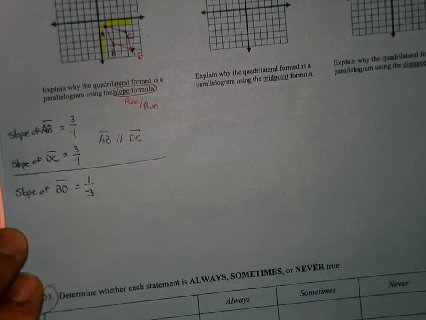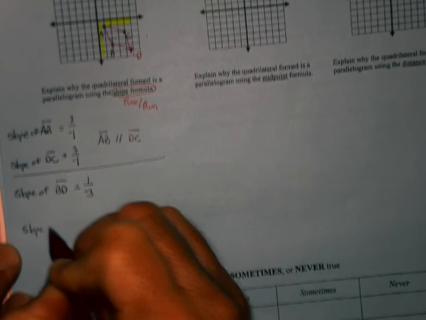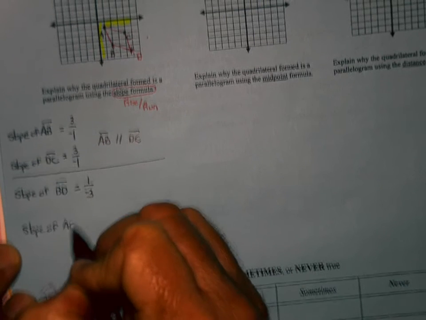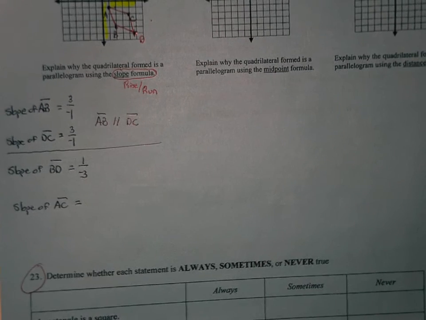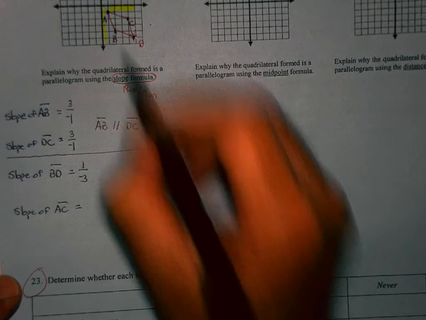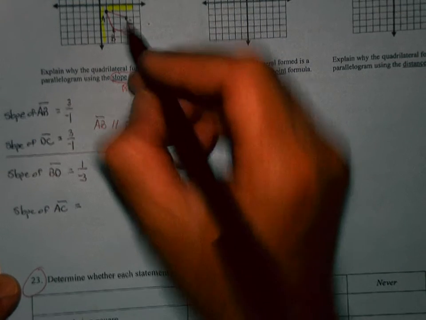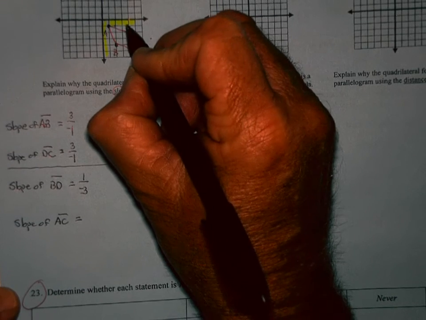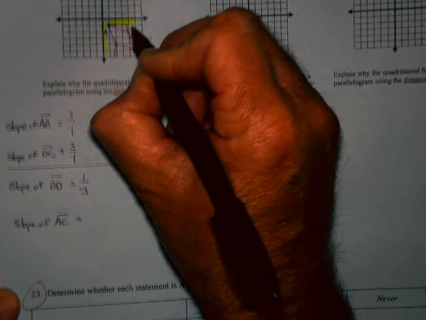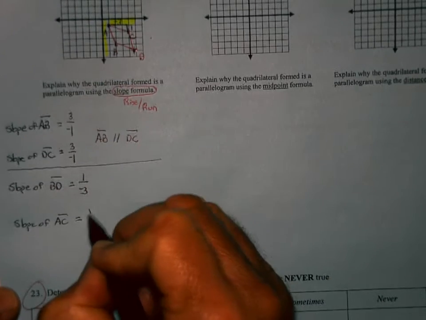Then I'm going to also find the slope of side AC, and we're going to hope that the slope of side AC is the same as the slope of side BD. AC, C is the lower point. Let's start there. You can see that when we rise up 1, and then we run 1, 2, 3 to the left, I have a 1 rise, a -3 run, 1 over -3.